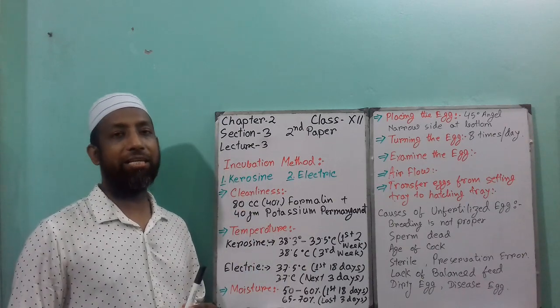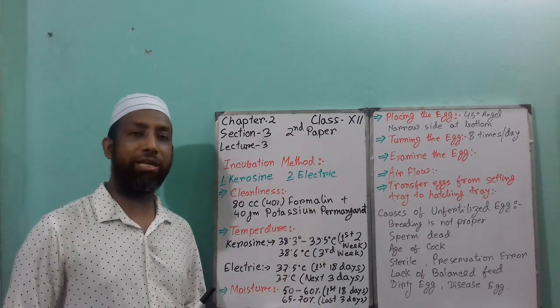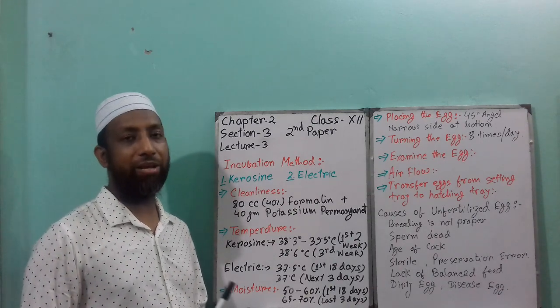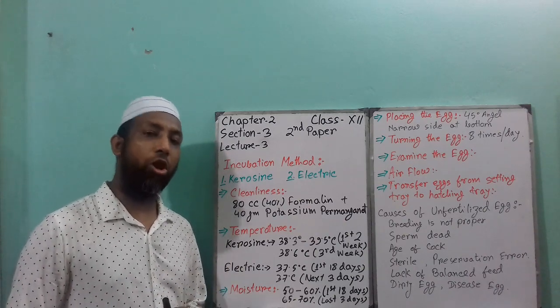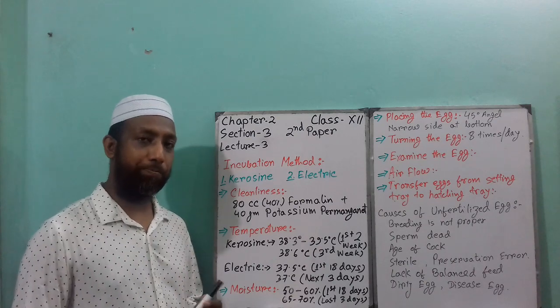But where electricity is available, we can use the electric incubator. Nowadays in modern countries everybody uses the electric incubator because it has lots of advantages, which I explained last class.